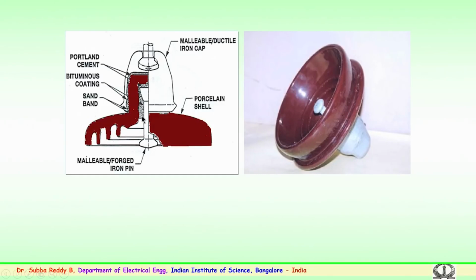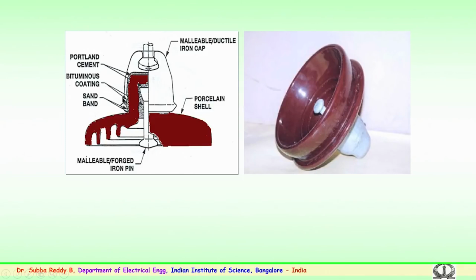Again here the pin gets coupled with the Portland cement. So basically, cap, a ceramic shell and a malleable iron pin are the important components. In between, to fix it properly mechanically, you have Portland cement with the help of a sand band for a mechanical grip.